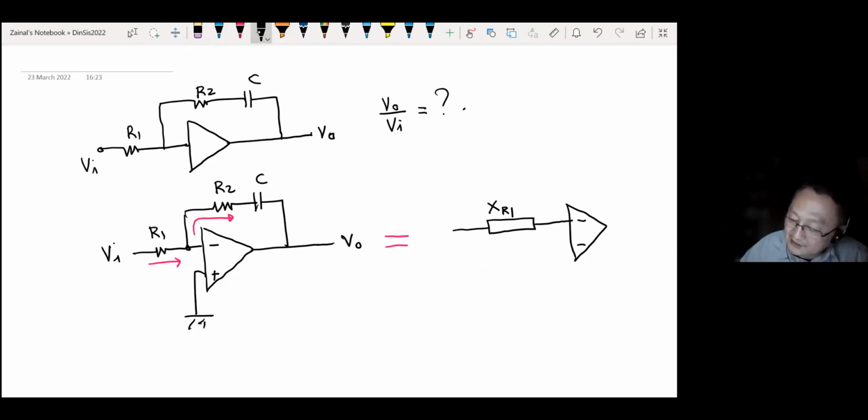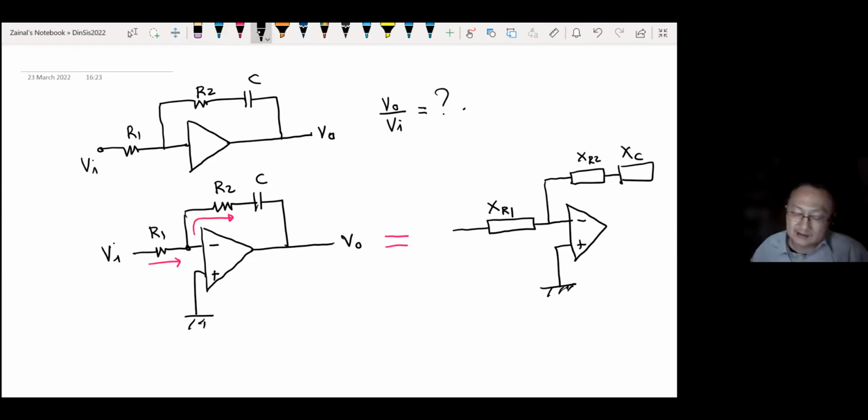Just treat everything similar to a resistor. You have this one as XR2, while this one is XC. This one is V. This one is VI. This one is point A. So the current is 0.